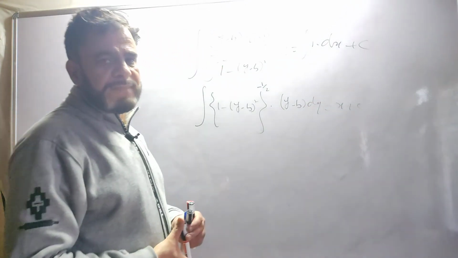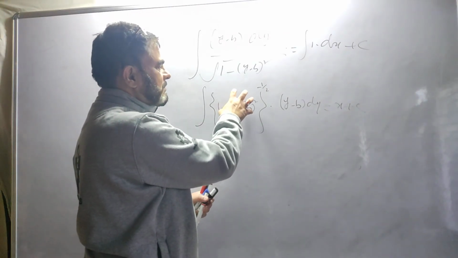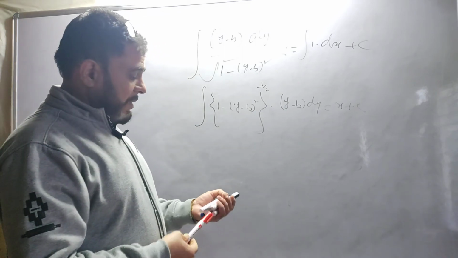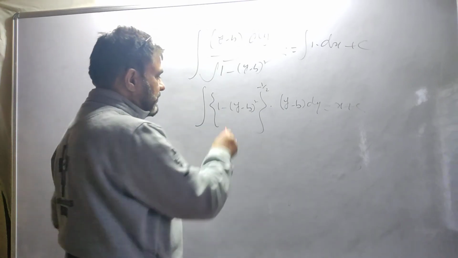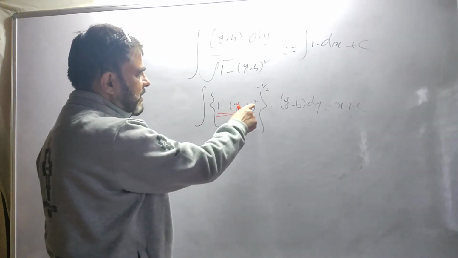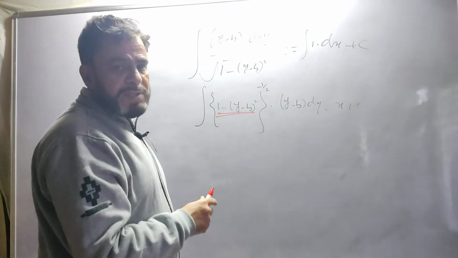What I am doing? I am trying to write this as f(x) and f dash x. Now you see what is the derivative of this. If you differentiate this, it should be minus 2 times y minus b. You have y minus b, you need minus 2 here.